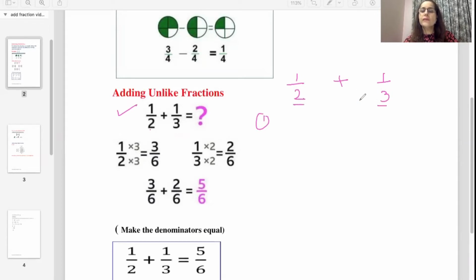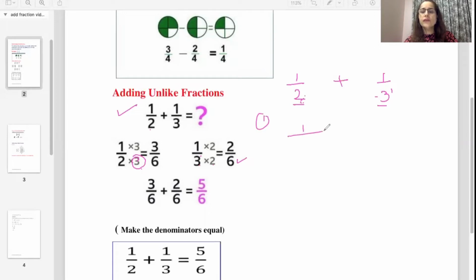How can we make the denominators equal? We will see: if we multiply this denominator 2 by 3, it will be 6. And if we multiply this denominator 3 by 2, then also we will get 6. So then both the denominators will be equal.